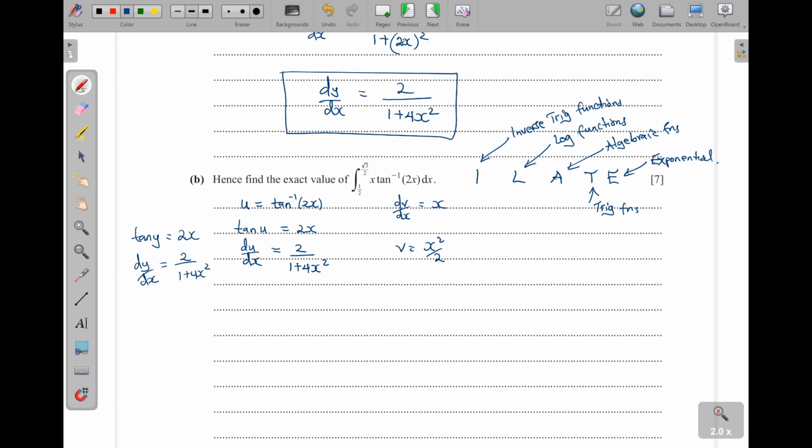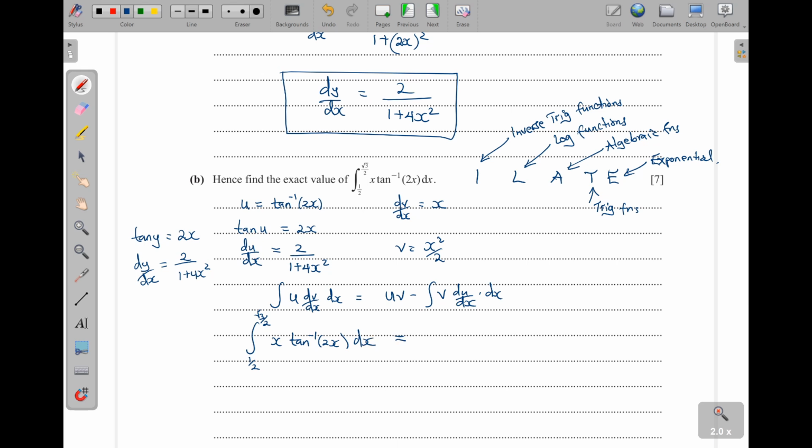Okay, so for integration by parts, we have the integral of u dv/dx with respect to x is going to be equal to uv minus the integral of v du/dx with respect to x. So that means when we are integrating this one here, a half, then root 3 over 2, and then x times the arctan of 2x with respect to x.